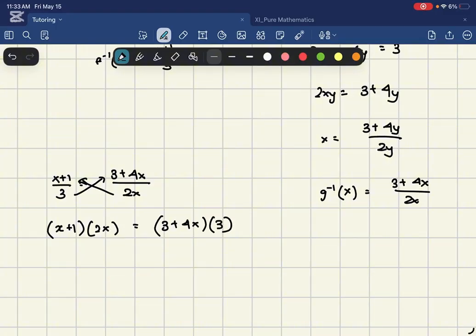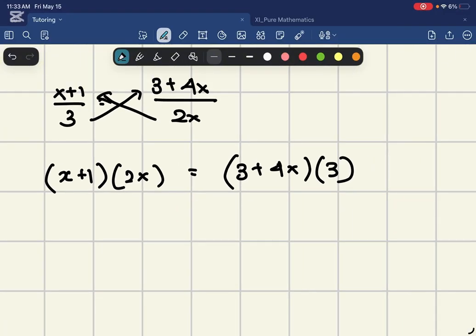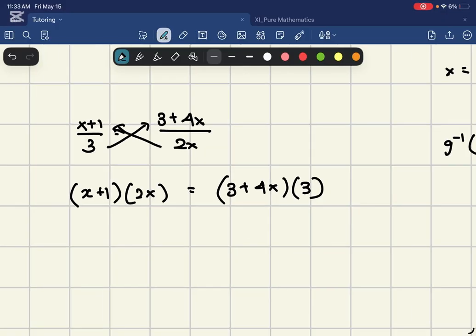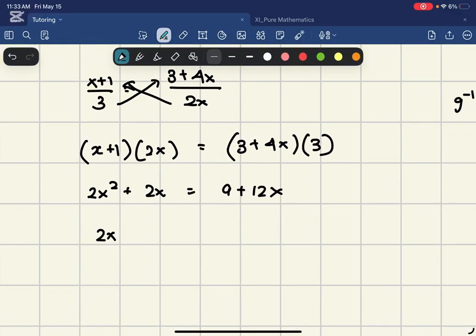So I just multiply by the denominators on both sides. So if you simplify, you get 2x squared plus 2x. And on the right-hand side, you get 9 plus 12x. Now you can write this as 2x squared minus 10x minus 9 is equal to 0. So I subtracted 12x on both sides, and I subtracted 9.